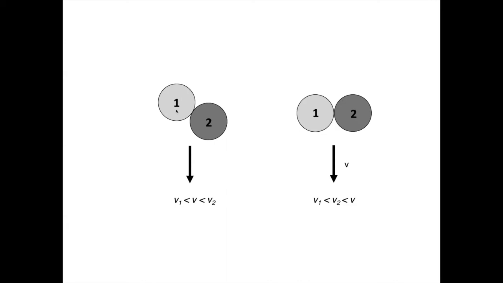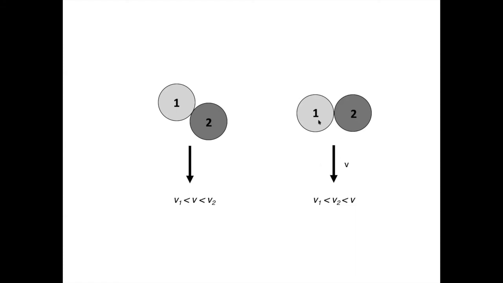Now, if the heavier sphere were to fall faster, then if you attach them together, sphere 1 would slow down sphere 2. So the resulting velocity will be between the velocities of v2 and v1 that the spheres would attain if they were released individually. That's the situation that is sketched here on the left-hand side.